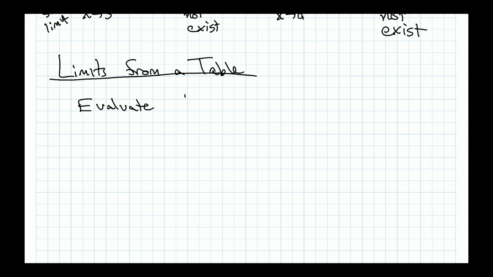So evaluate the limit as x approaches 3 of x squared minus 7. Okay. So let's say evaluate this using a table.